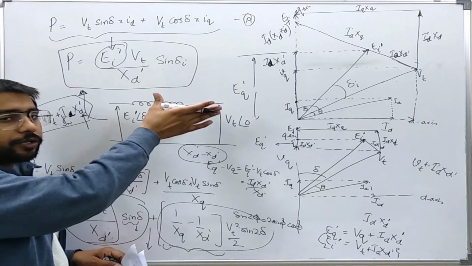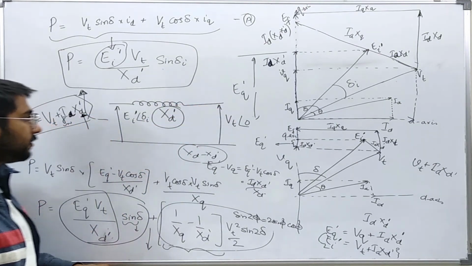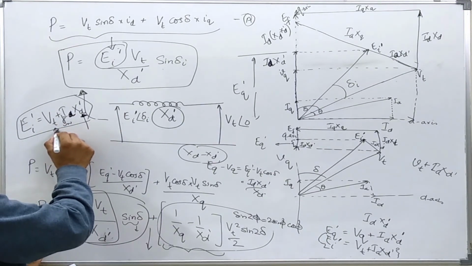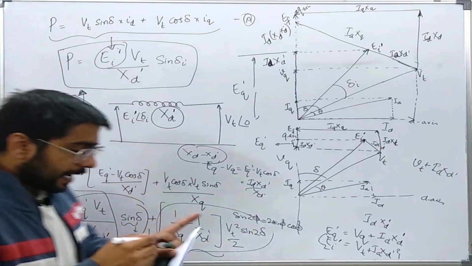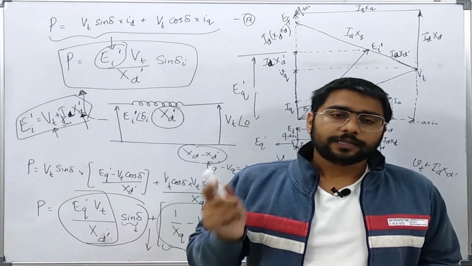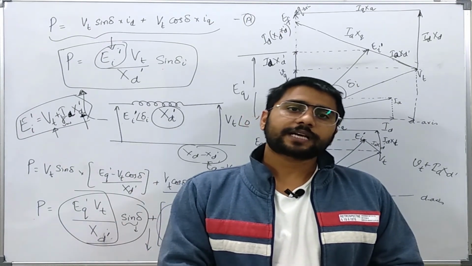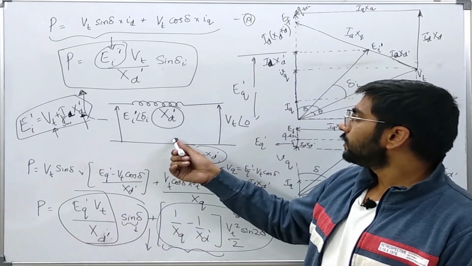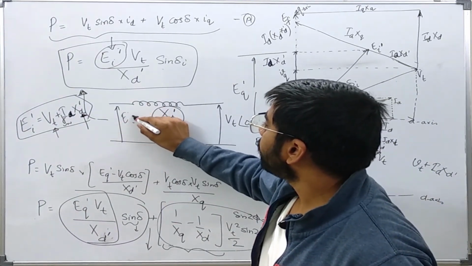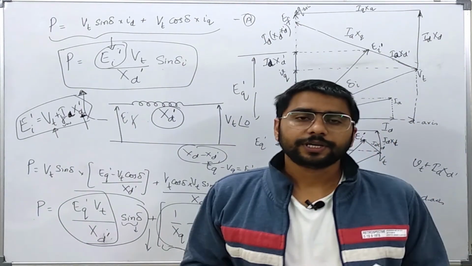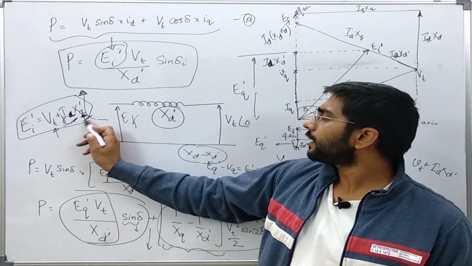If I am also taking the effect of damper windings, then it will be XD double prime, that is the subtransient reactance, and the terminal voltage which was there before the fault happened. In this way, I think I have proved now that the equivalent circuit model for a synchronous generator during the fault, when it was carrying a load initially, is this. Instead of using EF, I should use another value which is dependent upon the load current, the transient reactance and the terminal voltage.